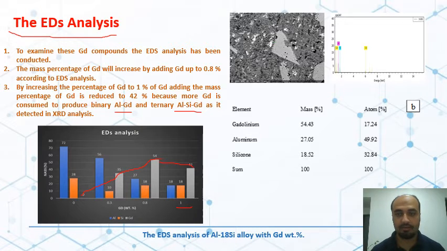The gadolinium mass is highest at 0.8 because the density of gadolinium is high.